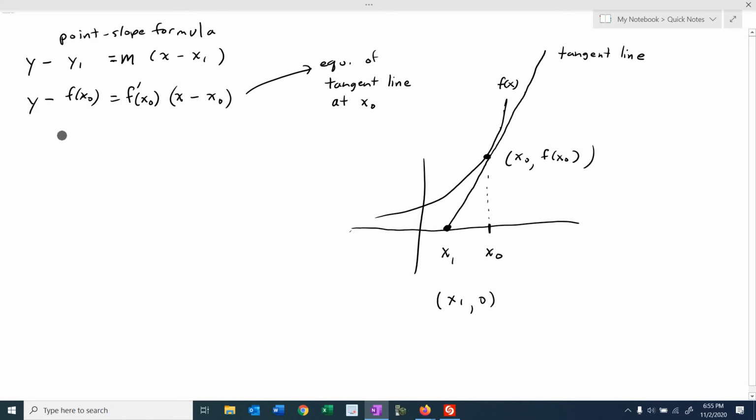So I'm going to plug 0 in for y here. Then we're going to solve for this x value. I'm going to call that x sub 1, since that's how we're going to label it.